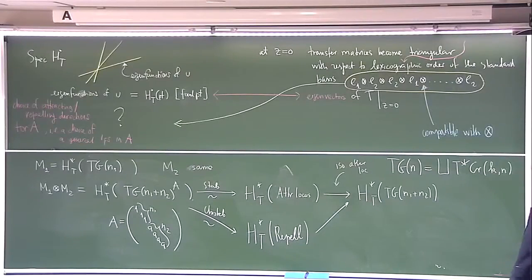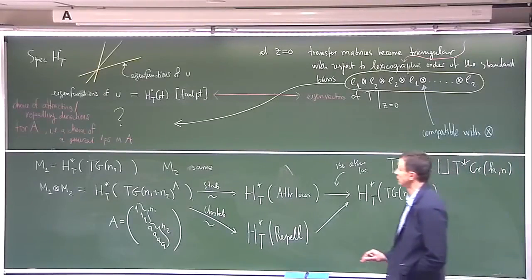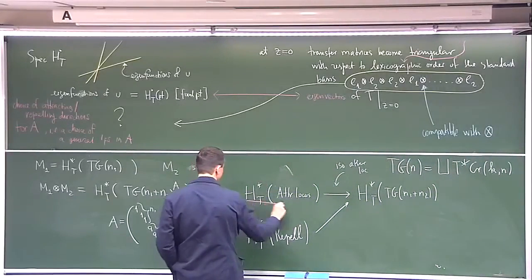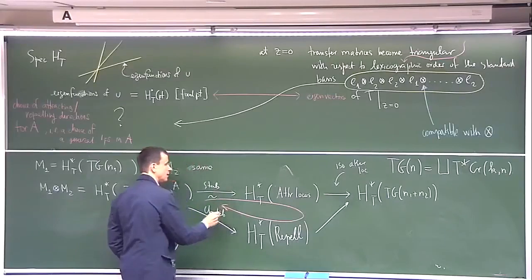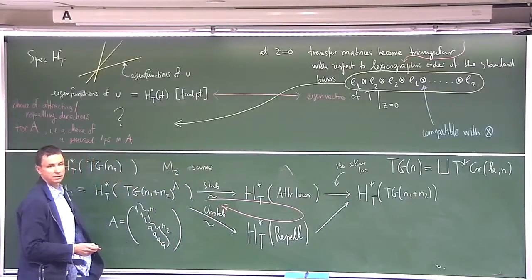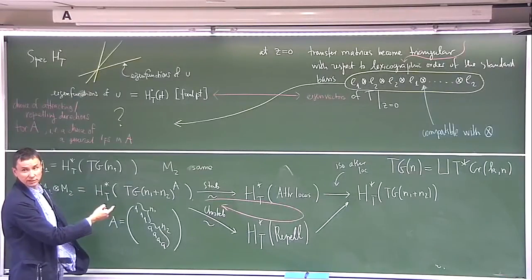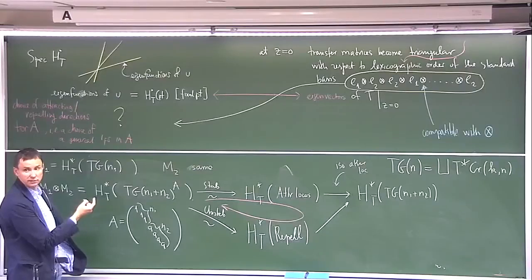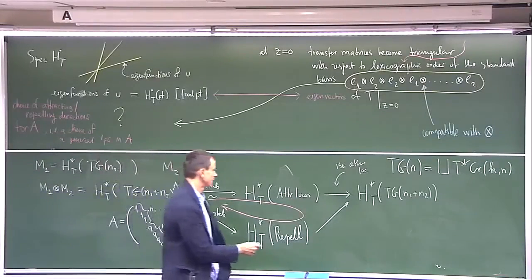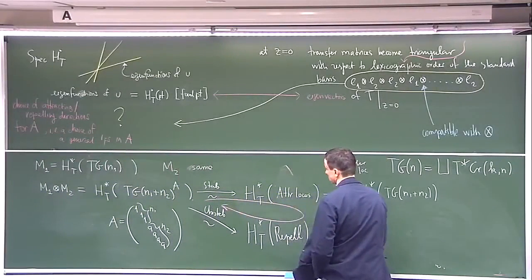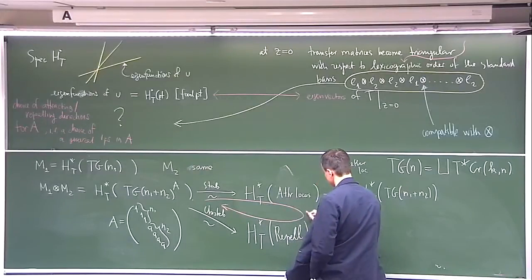And so then if I follow this loop, this would be saying, how do I put the two factors in the opposite order? So this is rational. This is this loop, which is the R matrix.